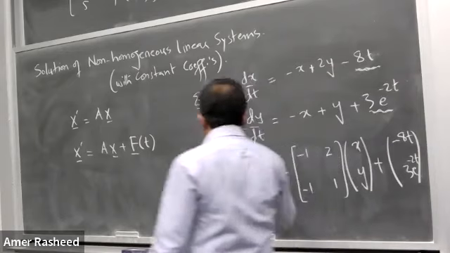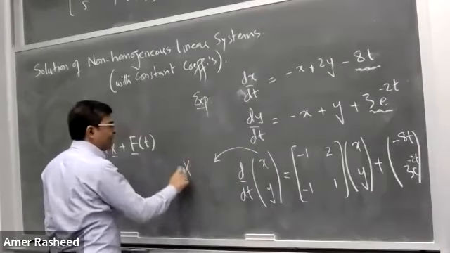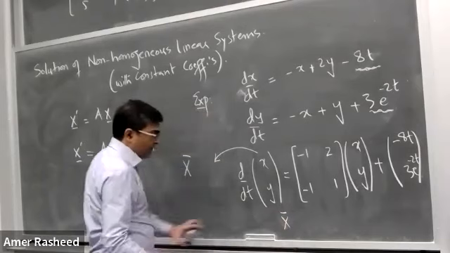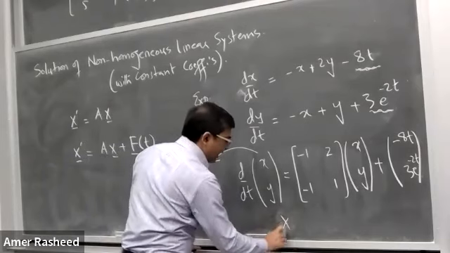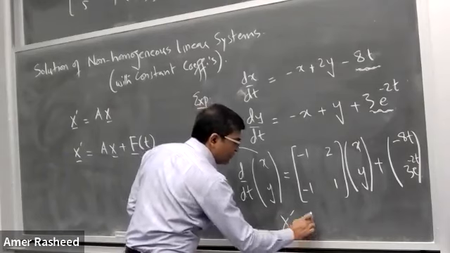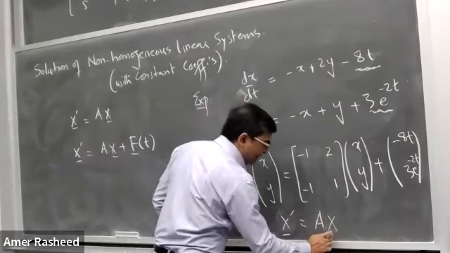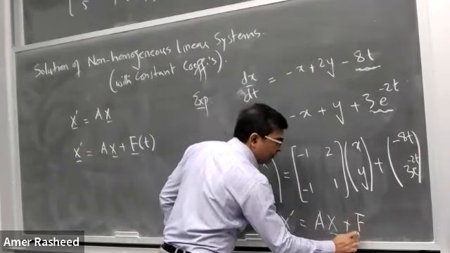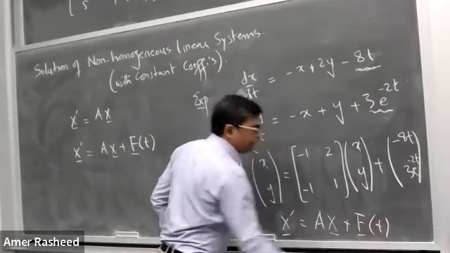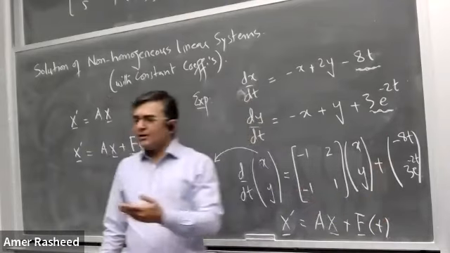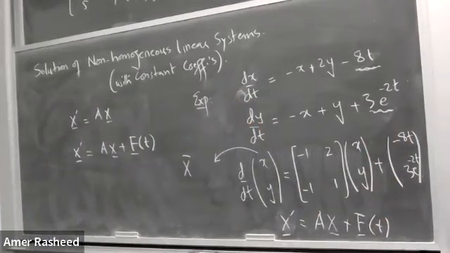If we assume that this vector is the x vector, then we can write this as x dash is equal to A x plus f of t, where f of t is a vector which contains only functions of t.